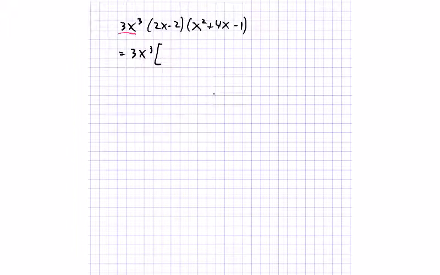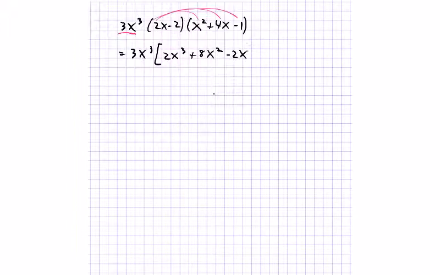Starting with the 2x, we'll pair it with each and every term in the last factor, and 2x times x squared is 2x cubed. 2x times 4x is plus 8x squared. And 2x times negative 1, watch for that negative sign, is minus 2x.